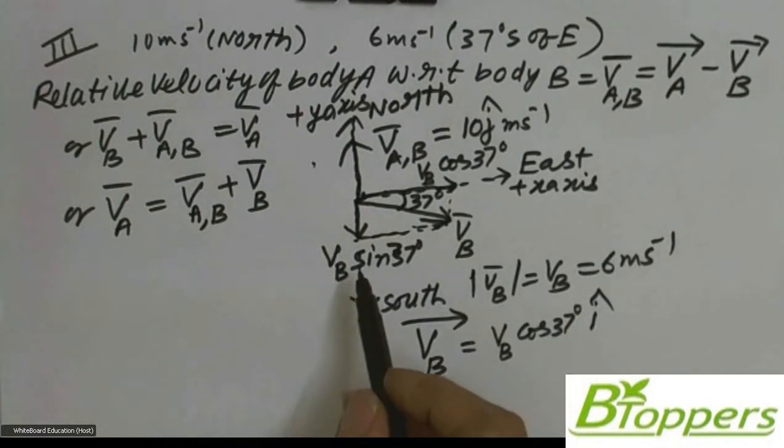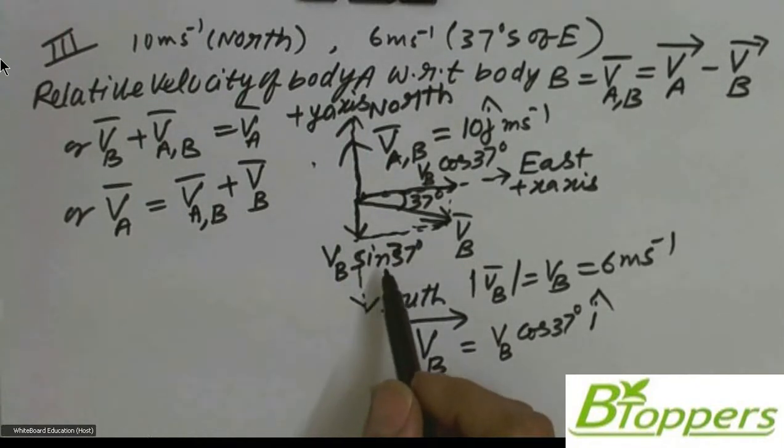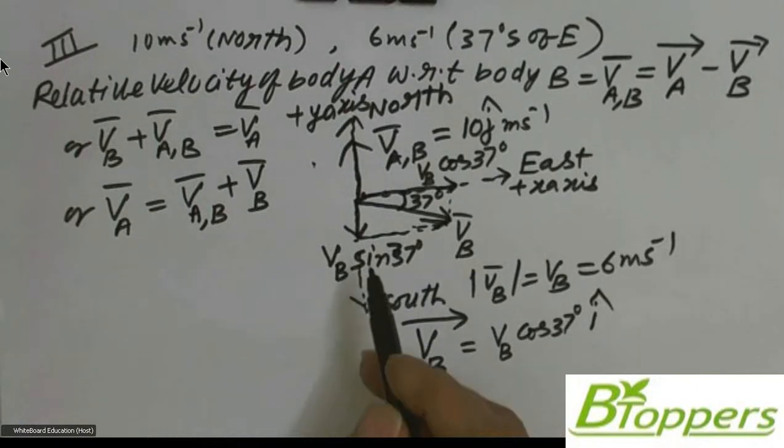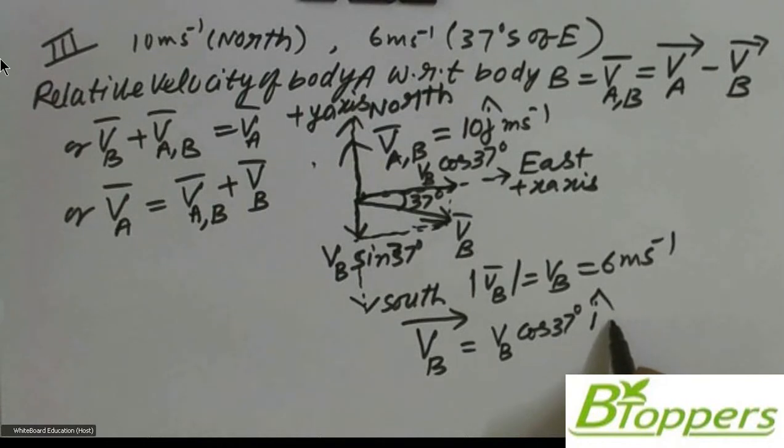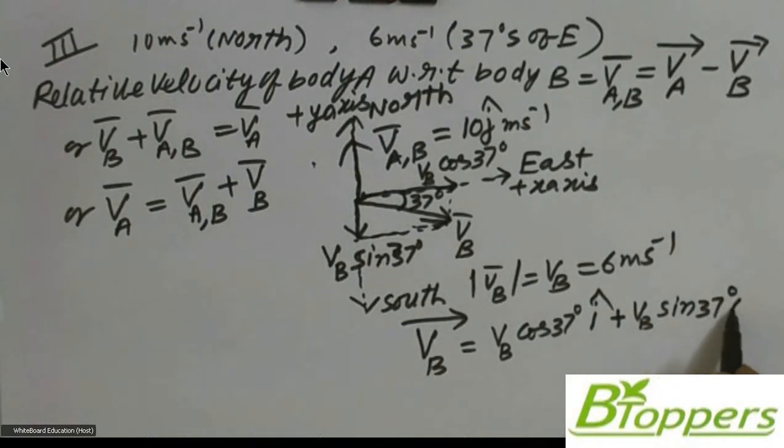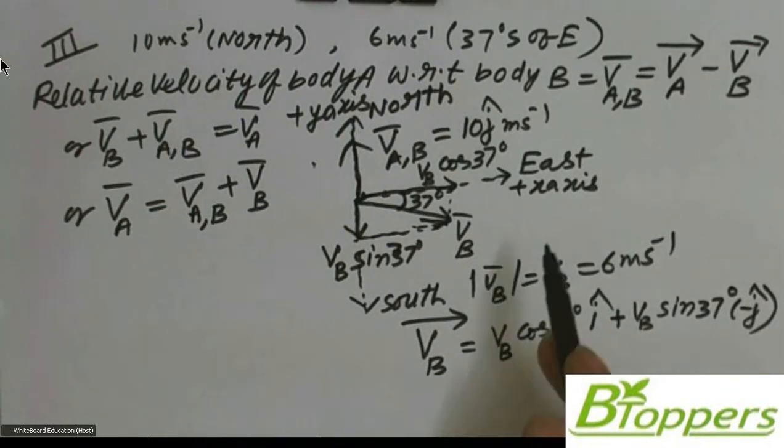You can observe that the component with magnitude VB sin 37 degrees is towards south, means in the negative direction of y-axis. So you can write plus VB sin 37 degrees into minus j cap. j cap is the unit vector along positive y-axis, minus j cap is the unit vector along negative y-axis.